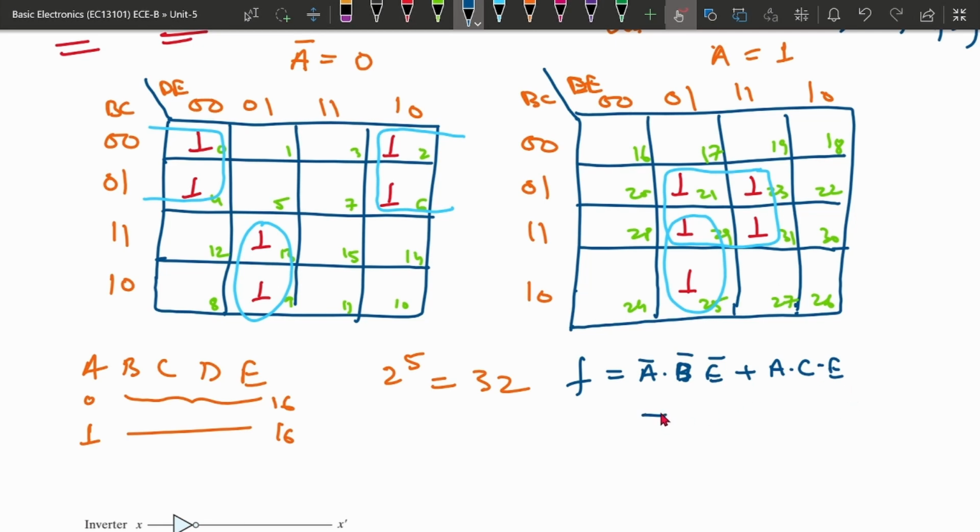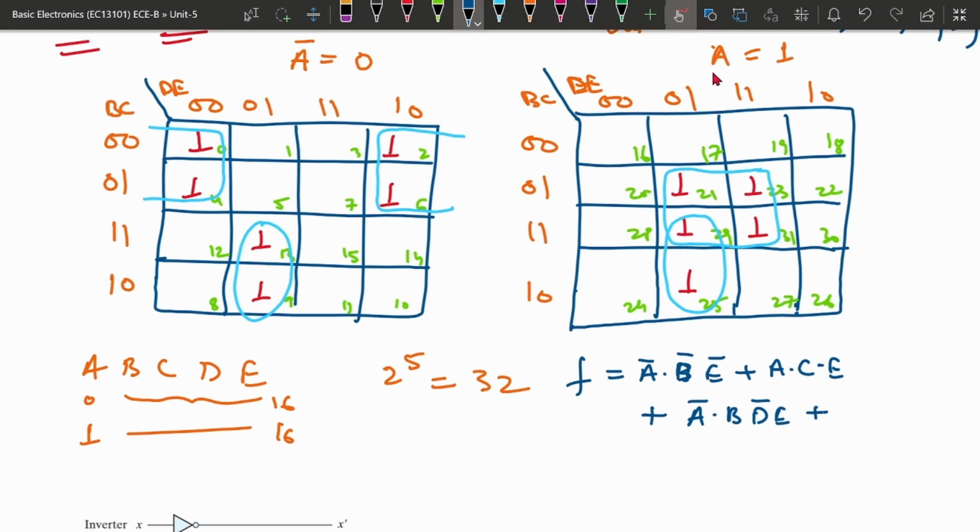Now the next term is, if we consider only this, it will be A bar into, in between these two common is B. In between these two, B was common, and here it is D bar E. D bar E.